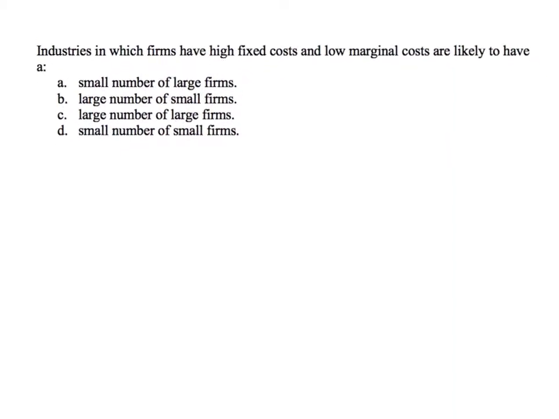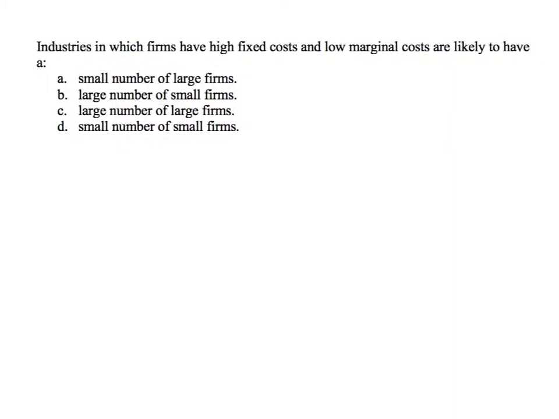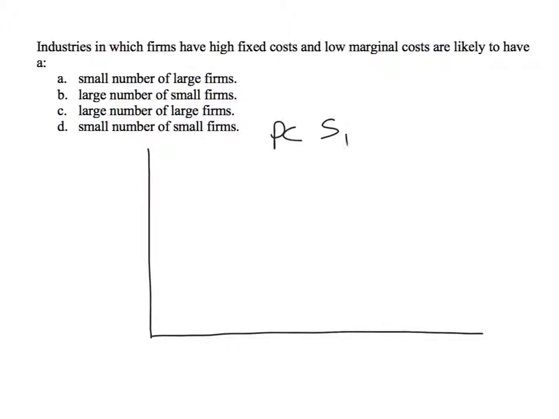We can see that when we think about the cost structure of a market like the market for PC spreadsheet programs. The costs of making a spreadsheet program are really, really high.